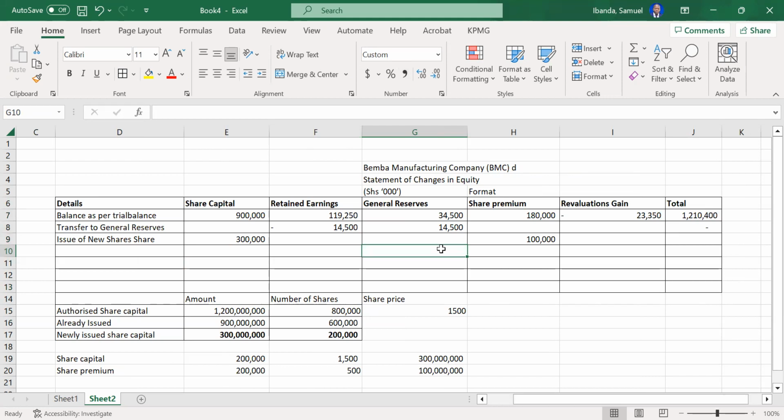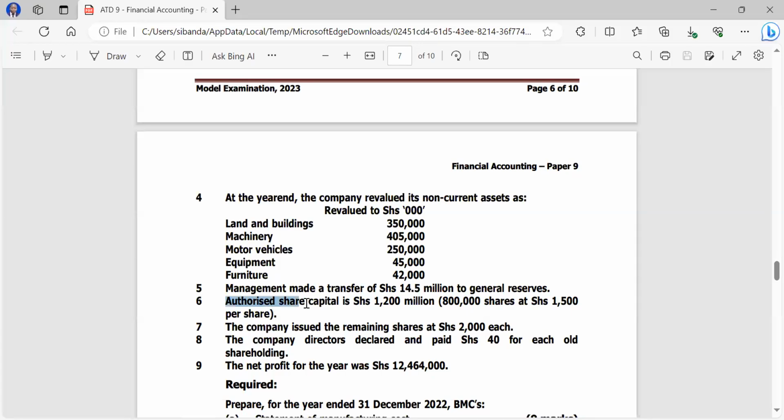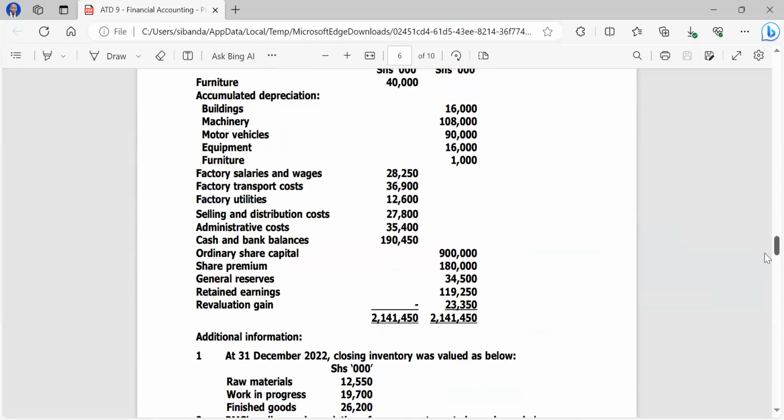Yes, Paul. Mr. Ibanda, what I wanted to find out, remind me how we're coming with the 600,000 under the number of shares. Okay, I'm just going to come back here and say, they are telling us that the authorized share capital is 1.2. And this is a representation of 800,000 shares at 1,500. This is what the company should issue out as authorized share capital. But they have told us here that our current share capital is at 900,000.